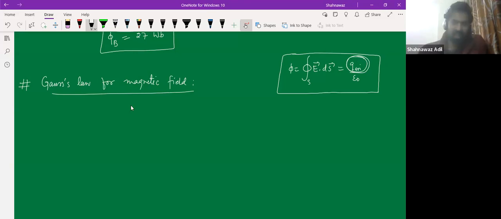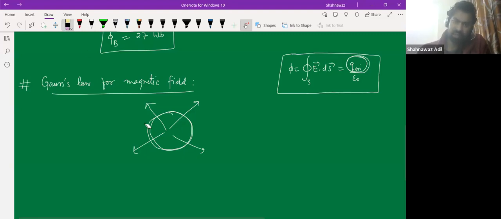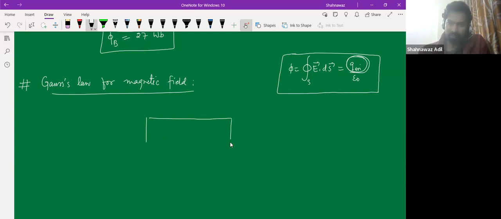So similarly, we have Gauss law for magnetic field. We have this material, and the field lines are going outwards from it. Or let's say we have already studied solenoids, or the bar magnet.